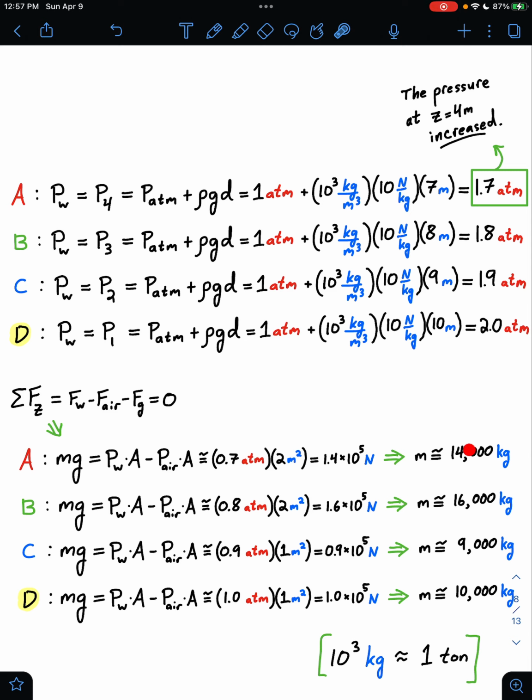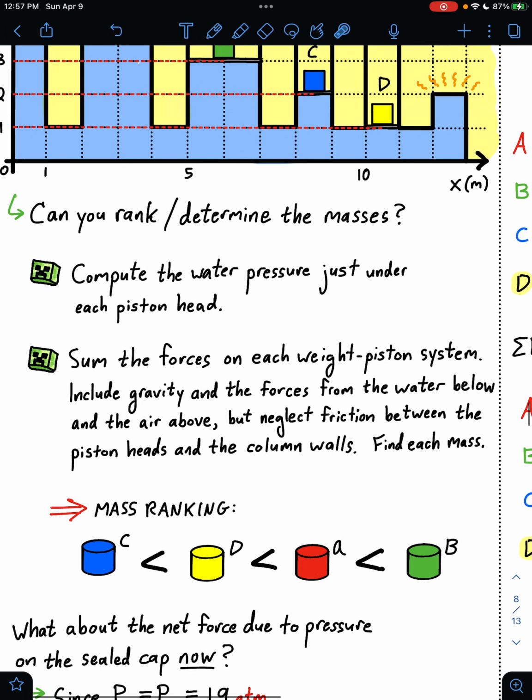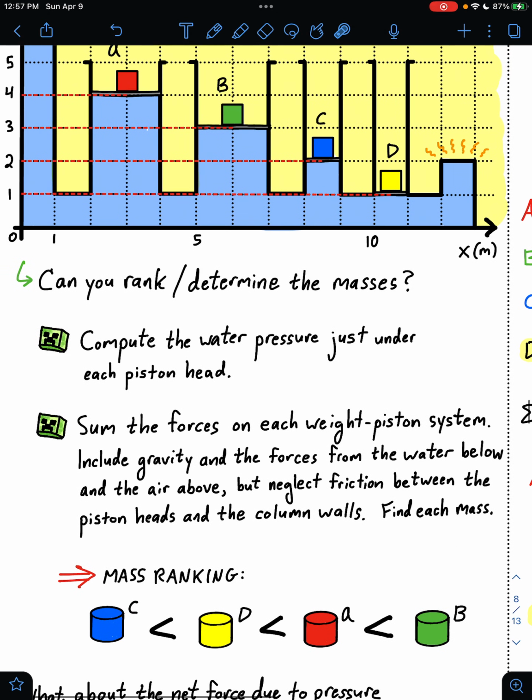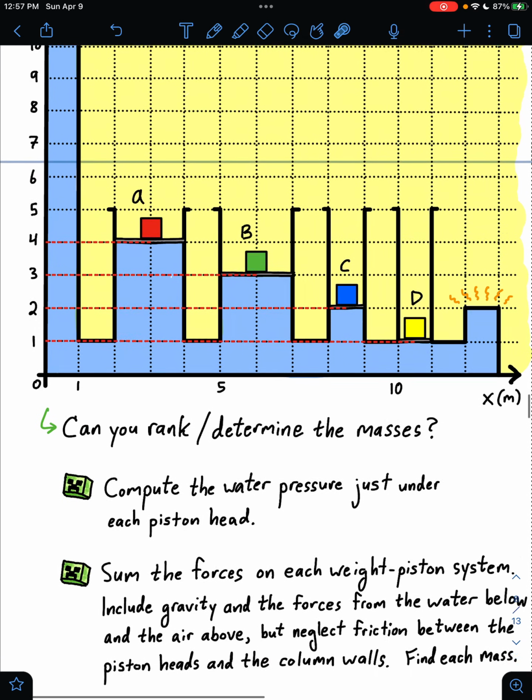So this is a 14-ton mass here and a 10-ton mass there, and we see our rankings. The most massive is in fact B, more massive than A, more massive than D, and the least of them is C.